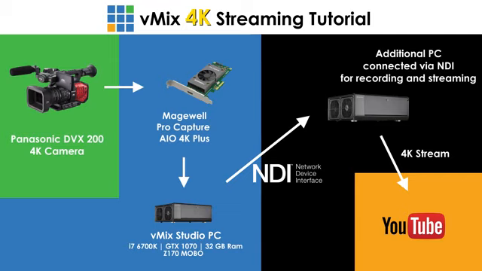You could send your program via NDI over the network to a second computer that handles all the recording and streaming, or have another one doing recording and streaming, and then you're sending that to YouTube. We have a very simple production, so we can do it all on our one PC with no problem at all. But if you start adding 4 cameras and all these different sources, it can really add up and be very resource intensive.